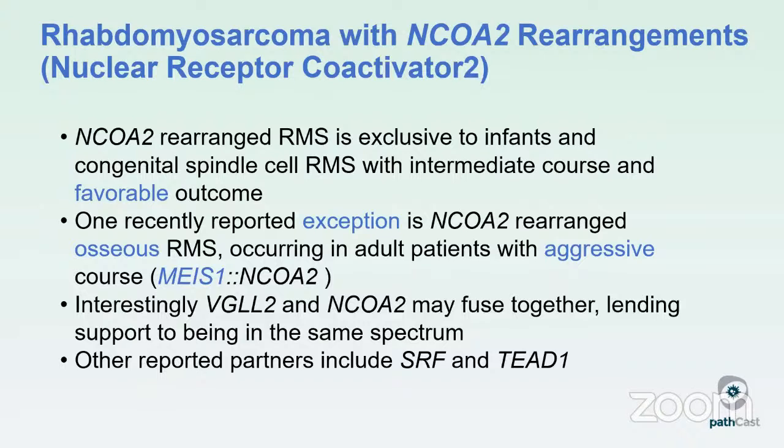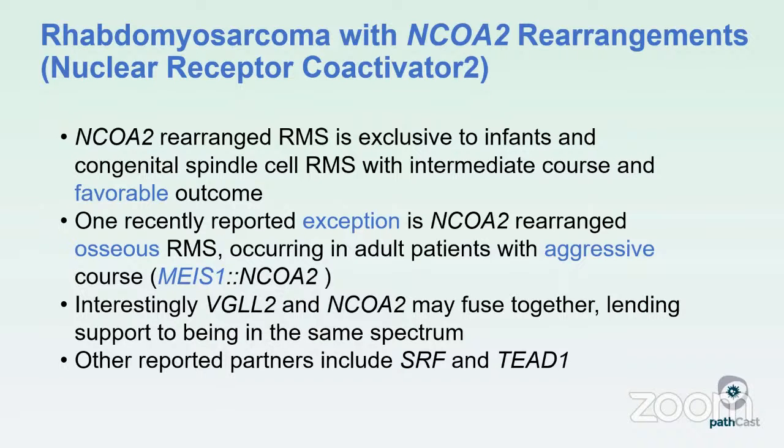Similar to VGLL2 ones, the ones with NCOA2 almost exclusively occur in infants and congenital settings. They also have intermediate course and favorable outcome. One recently reported exception is NCOA2 rearranged intraosseous rhabdomyosarcomas in adult patients, which follow an aggressive course.